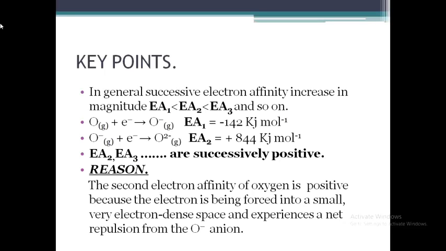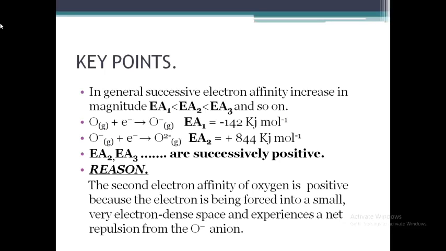So in the case of the second electron affinity, you are adding an electron to an already negative anion which repulses the coming electron. So you have to force the electron to move within the ultimate shell of the O negative ion.